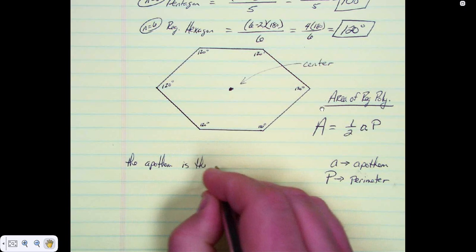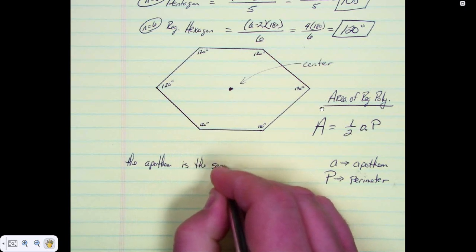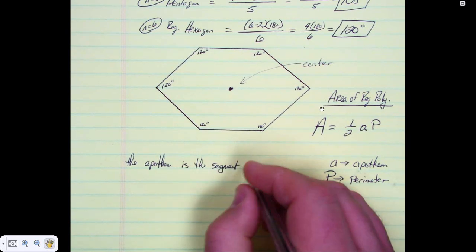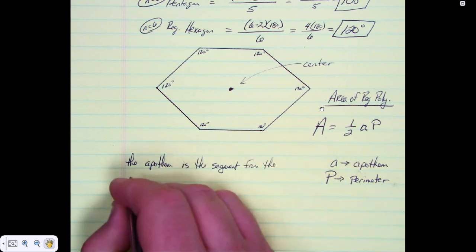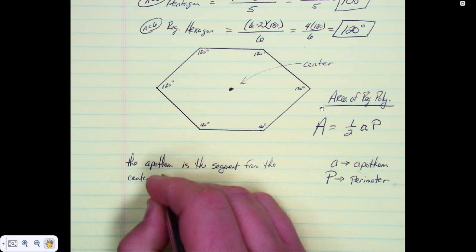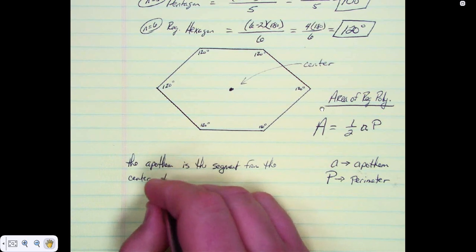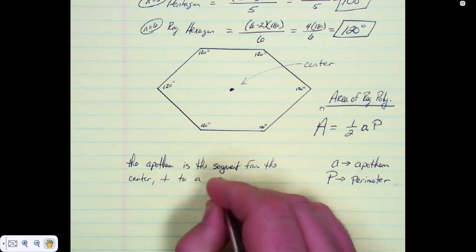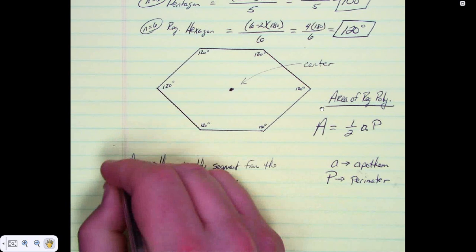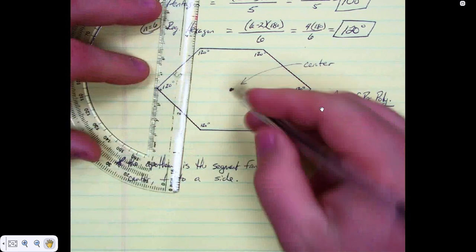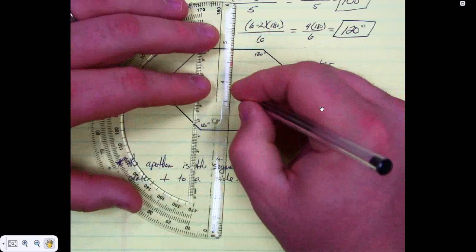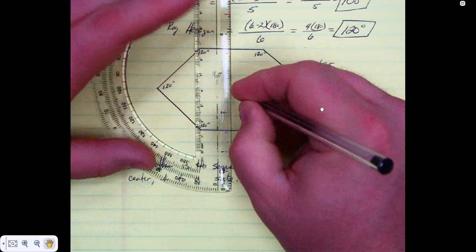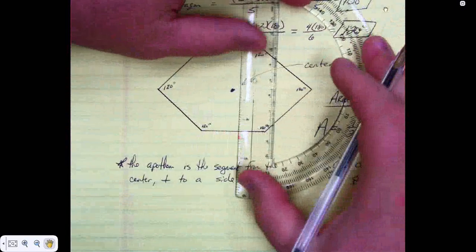The apothem is the segment from the center perpendicular to a side. So it starts at the center and it's perpendicular to a side.